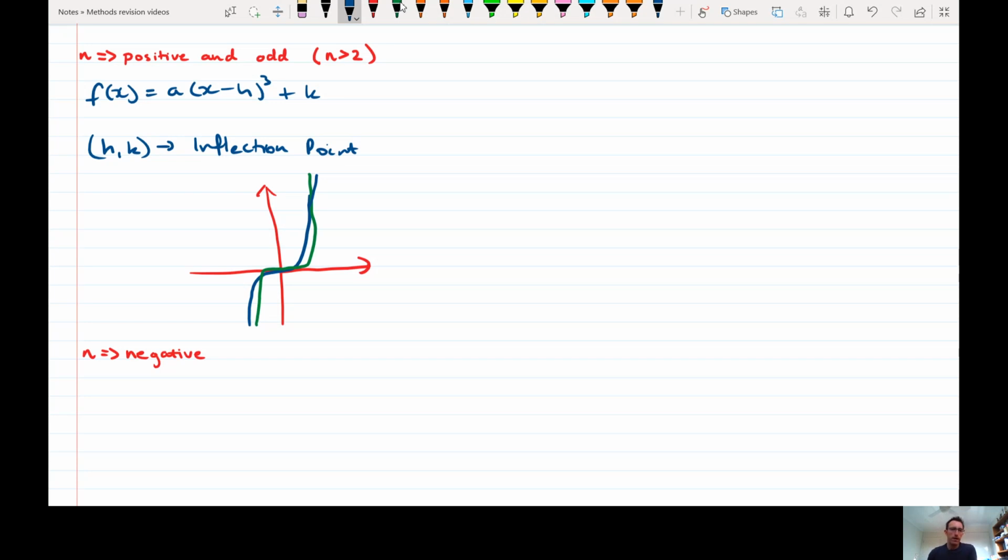But you end up with an inflection point, a stationary point of inflection where the derivative is 0 at h, k. Again, a being positive means it's going from bottom left to top right. A being negative means you're inverted, going from top left down to bottom right. And again, the k is your vertical translation.